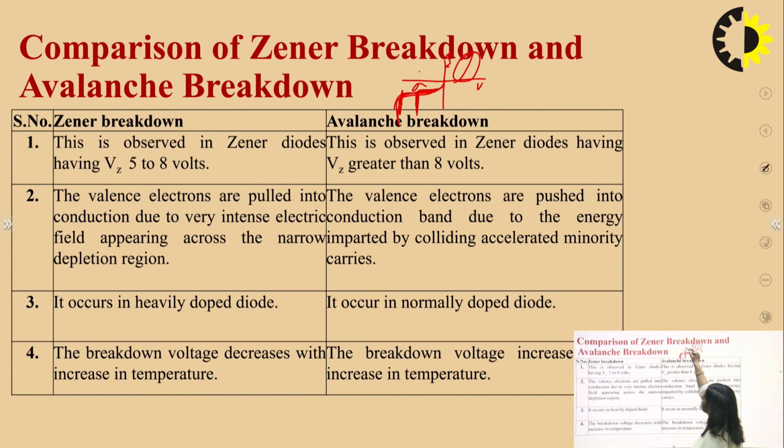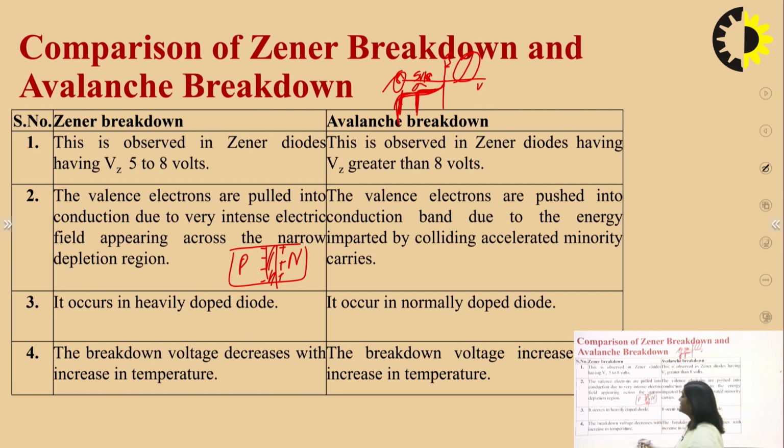So the Zener takes place in between 5 volt to 8 volt, and this is beyond the 8 volt. Zener breakdown occurs due to the heavily doped PN junction diode, and avalanche breakdown occurs in the lightly doped PN junction diode. Since Zener diode is heavily doped, due to heavy doping, the depletion layer width is very small. Like this is P, this is N, this part is minus, this part is plus.